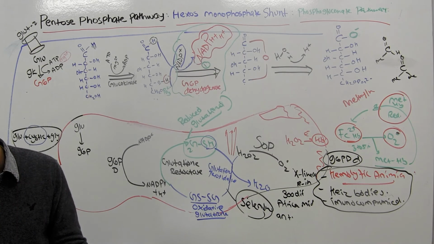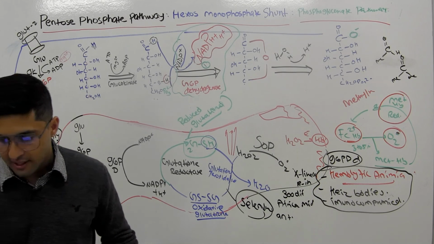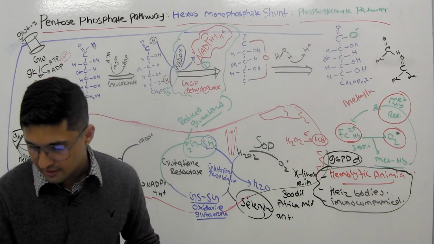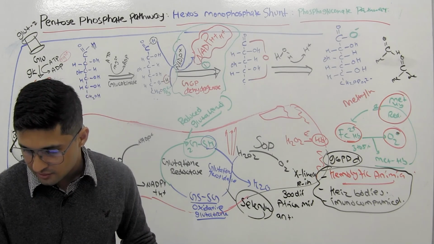We talked about a lot of things on how to fight reactive oxygen species. I'm just quickly checking to make sure I've covered almost everything I was supposed to cover, right?